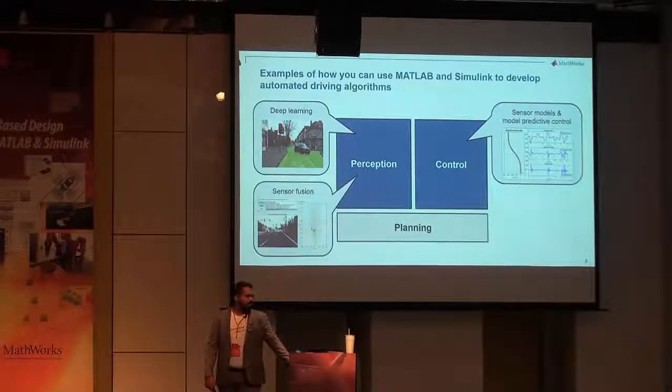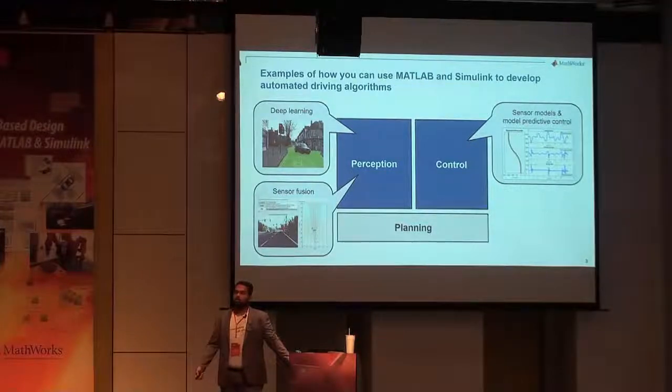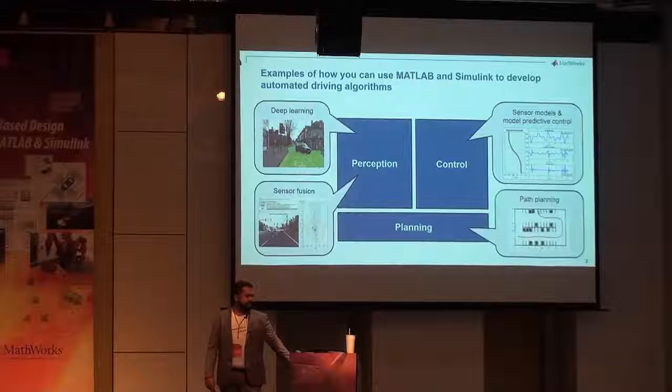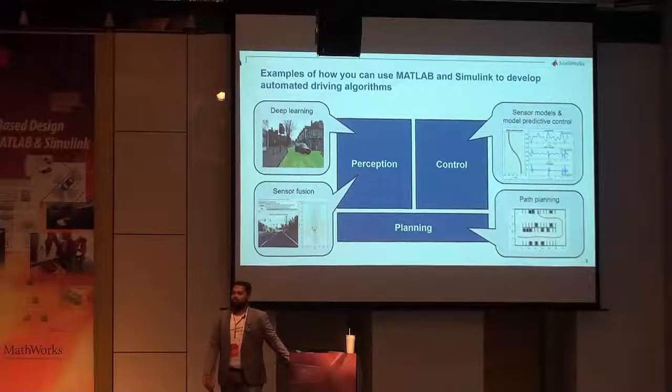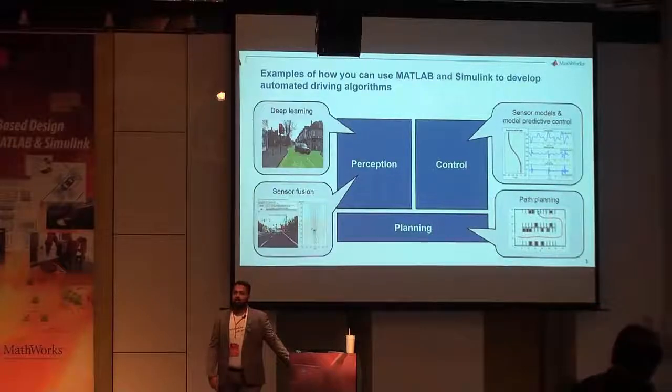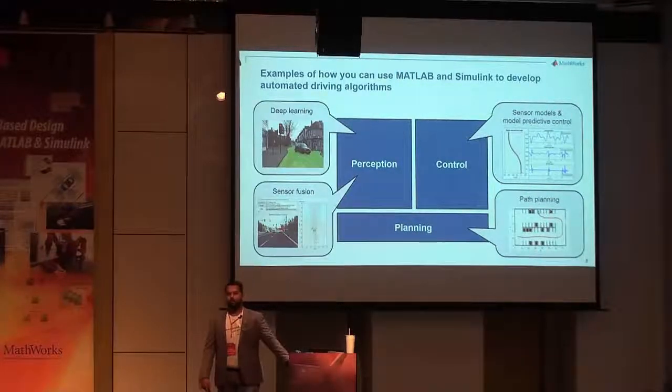And also sensor fusion is part of the perception, because it's all about training or teaching a computer, a car, how to see so that it can navigate an environment. So both of these areas are part of perception. And then there's the path planning, which is how do you get from one point to another without hitting obstacles.